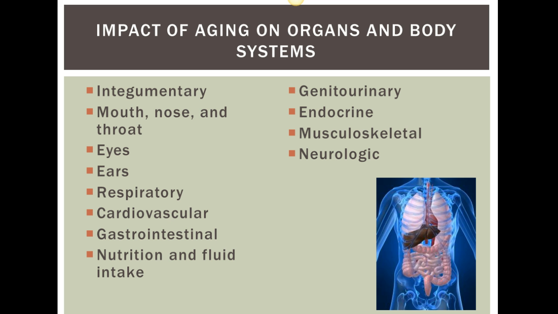GI changes: there is a higher prevalence of constipation due to decreased motility and weaker colon walls. Dependence on laxative use is often an issue. Diverticulae, hemorrhoids, and rectal prolapse can be related to straining and bowel distension.